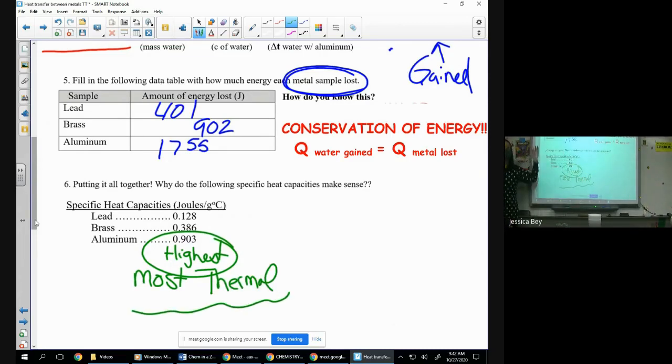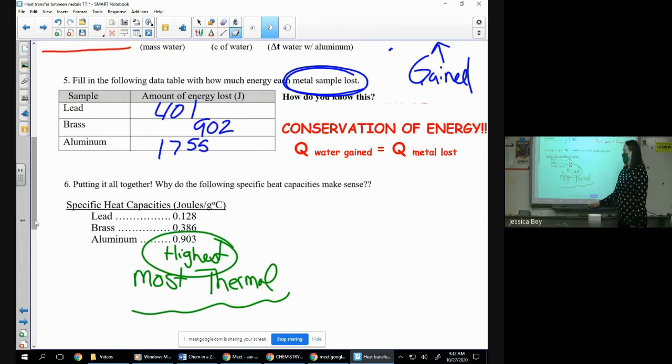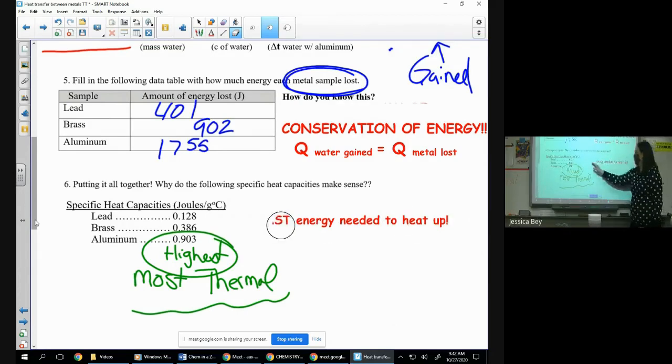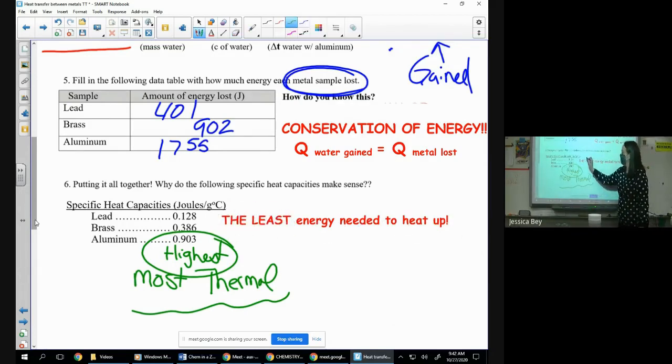It took the most amount of energy to get it to 100 degrees. So therefore, it had the most to transfer. And then the lead had the least amount of energy needed to heat up because it had the lowest temperature change.